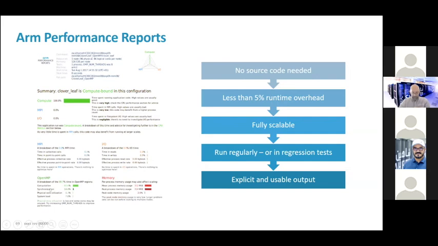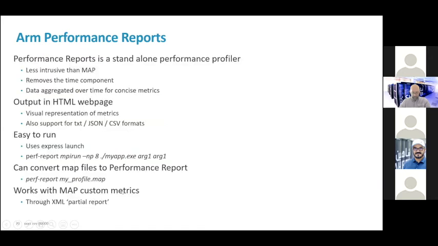So we have I/O, MPI, OpenMP, and memory access. For performance report, you just have to write perf-report, mpirun -np 8 and your application. It's available in 3 formats: text, besides HTML, text, JSON, CSV. And if you already have generated a MAP session, then you can also just straight away say perf-report, take out all my important data from the profile session and give it to me in XML or HTML.